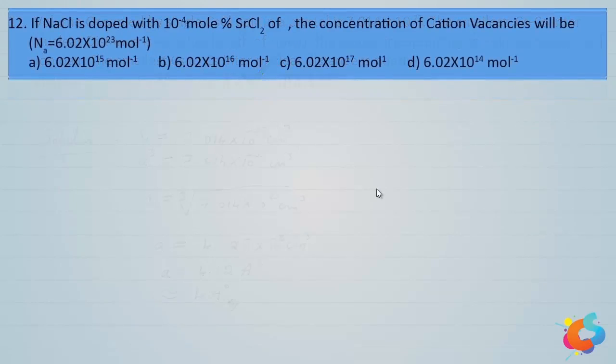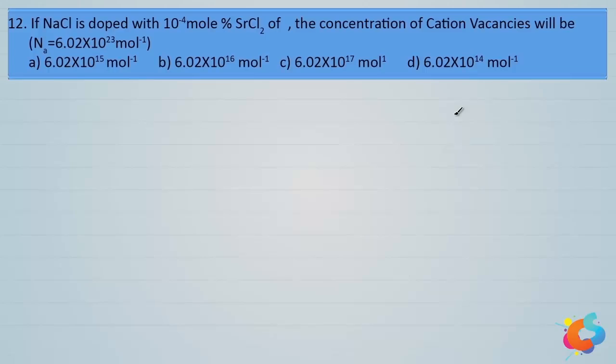The next question is, if NaCl is doped with 10 to the power minus 4 mole percent of strontium chloride, that is SrCl2, the concentration of cation vacancies will be, and the given constant is Na equal to 6.023 into 10 to the power 23 per mole, which is the Avogadro number.